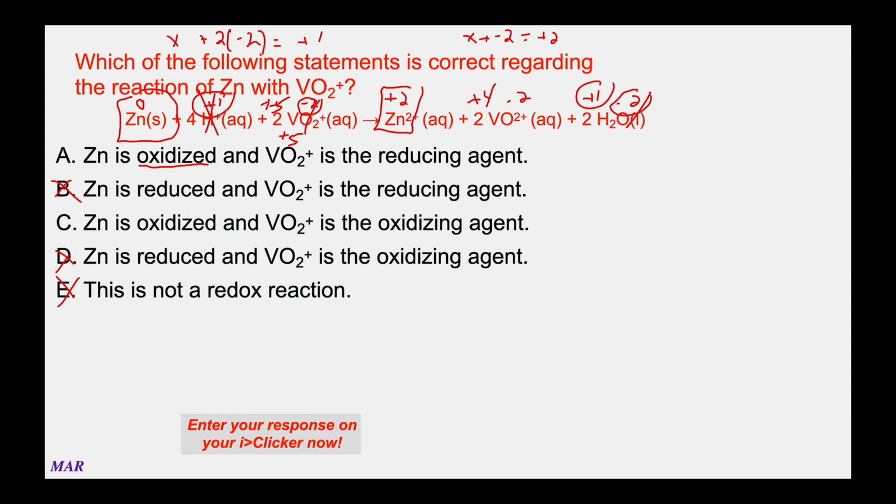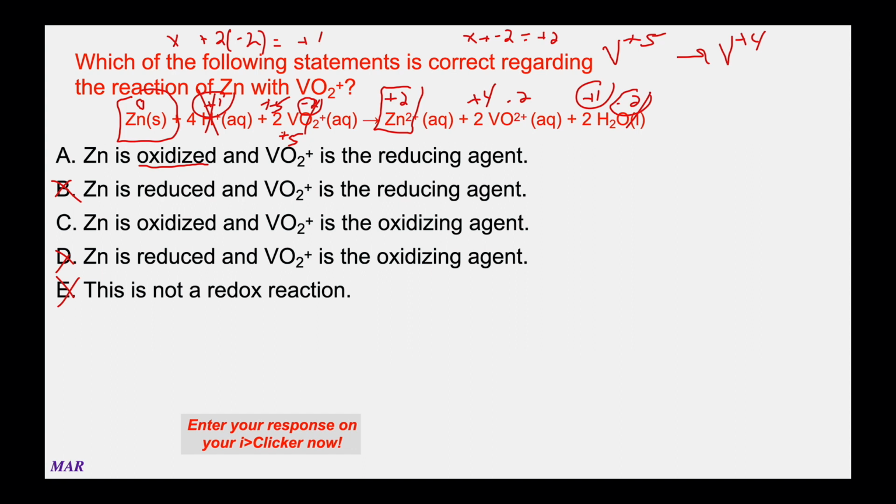But the vanadium, and let me write this up here because this is so sloppy. Vanadium went from +5 in the VO2 plus on the reactant side to vanadium +4. So vanadium has also changed its oxidation number. Now, if zinc has been oxidized, you must have something being reduced.